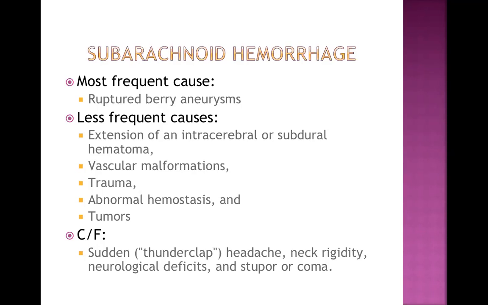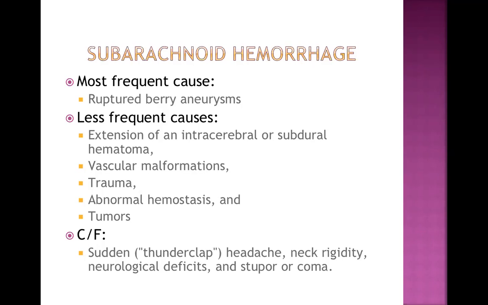Extension means the bleeding is coming into the subarachnoid space from some other area. Other causes are rupture of vascular malformation, trauma or head injury, abnormal hemostasis like thrombocytopenia or DIC, or even leukemia or aplastic anemia, as well as brain tumor. So there are other causes of subarachnoid hemorrhage.